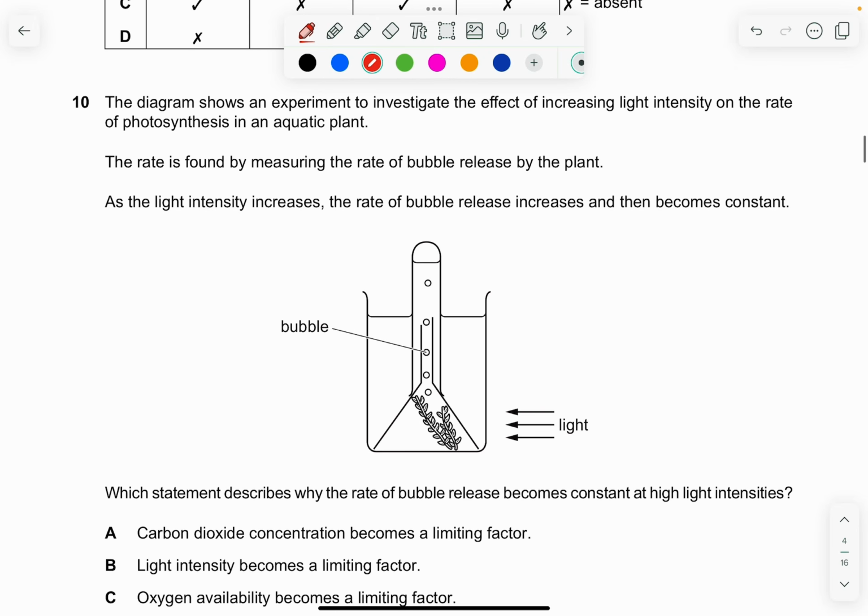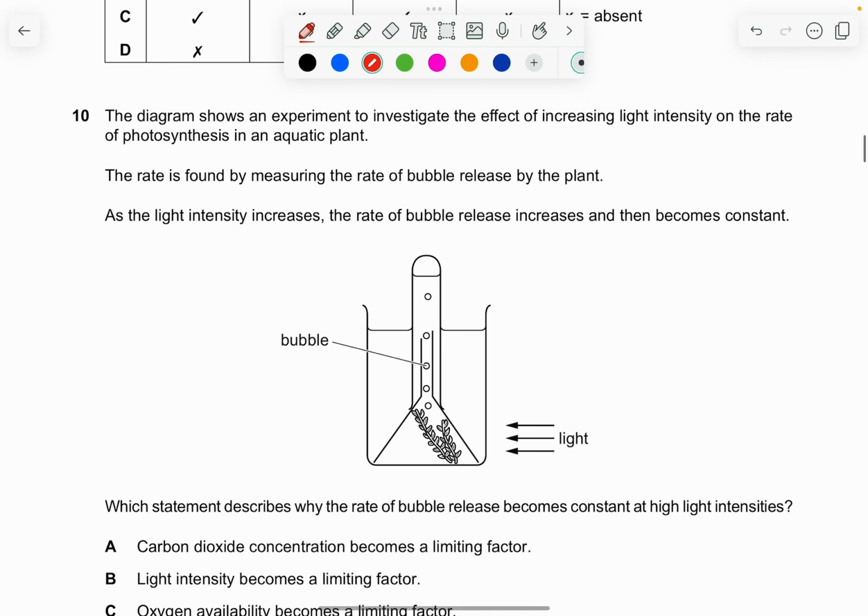Question 10. The diagram shows an experiment to investigate the effect of increasing light intensity on the rate of photosynthesis in an aquatic plant. The rate is found by measuring the rate of bubble release by the plant. As the light intensity increases, the rate of bubble release increases and then becomes constant. So from this paragraph here, you can deduce the graph already.